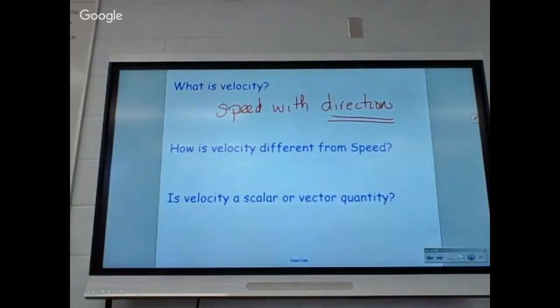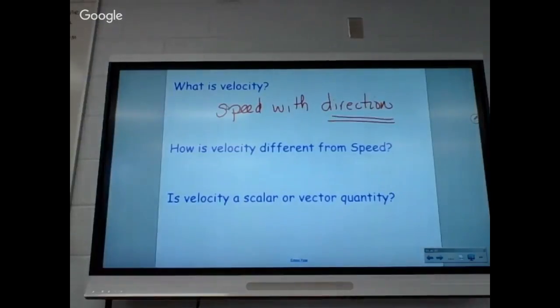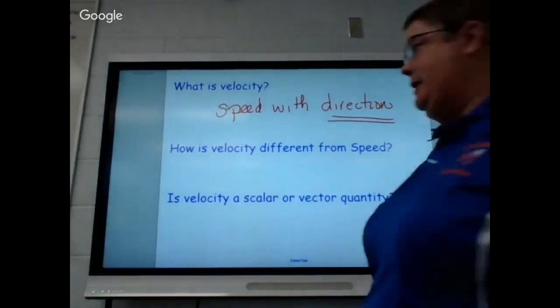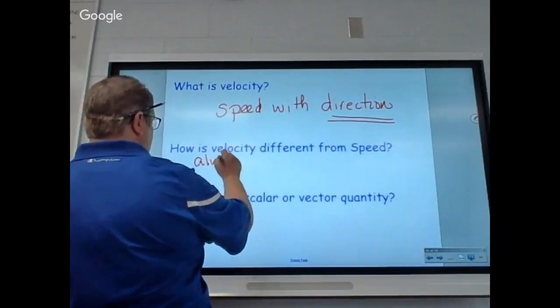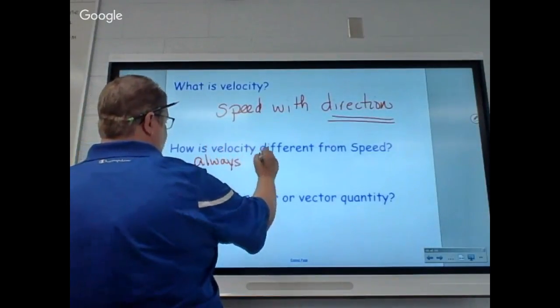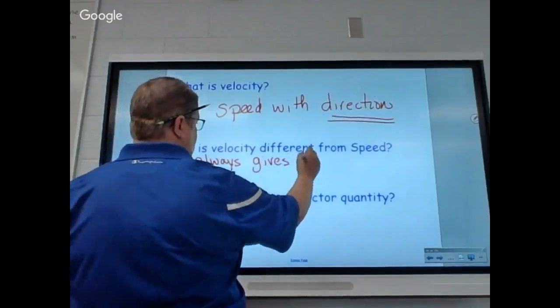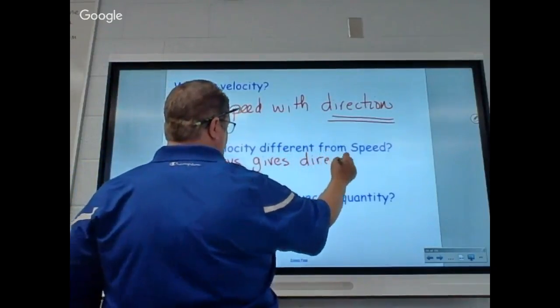So like, 80 miles an hour east. That's right. How is velocity different from speed? It always gives direction.